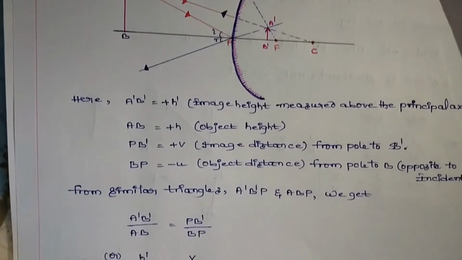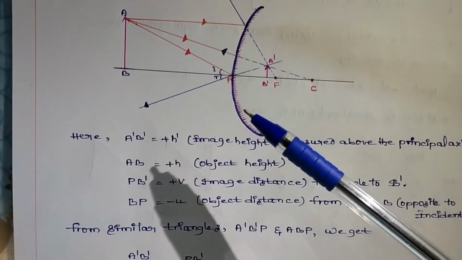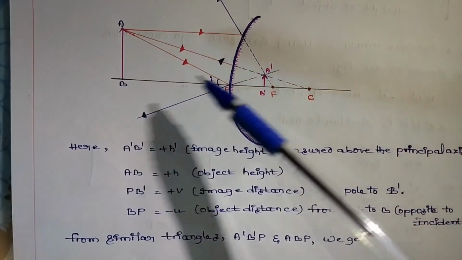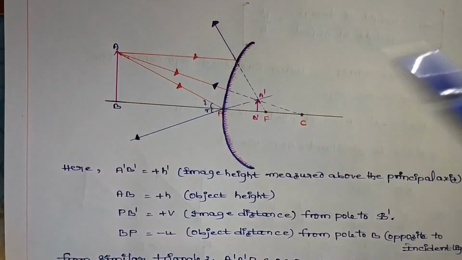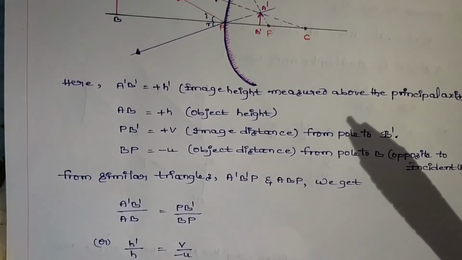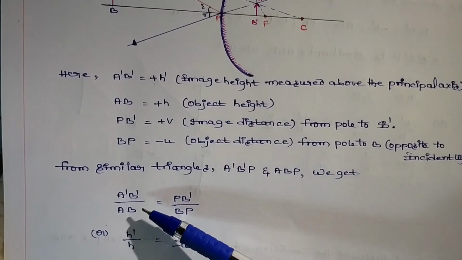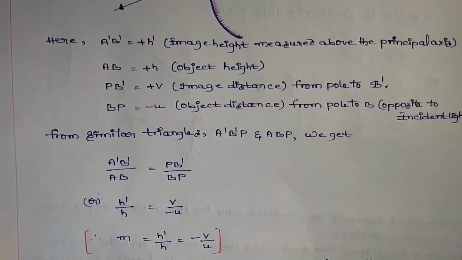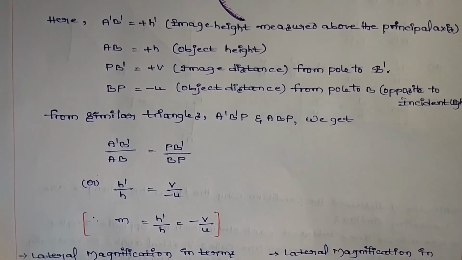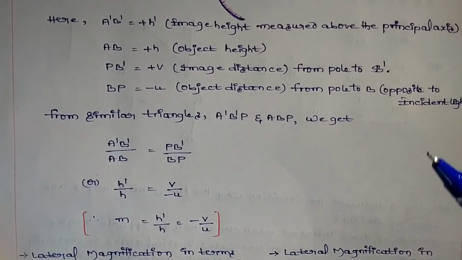And next, from similar triangles A dash B dash P and ABP, we get A dash B dash, the image height, by AB, the object height, is equal to the bases. Same thing here also: the magnification for a convex mirror is also m equals minus v by u.